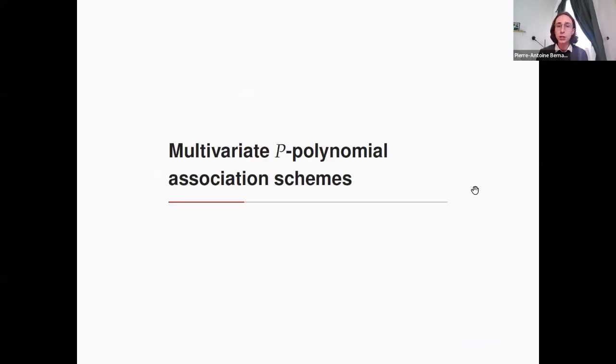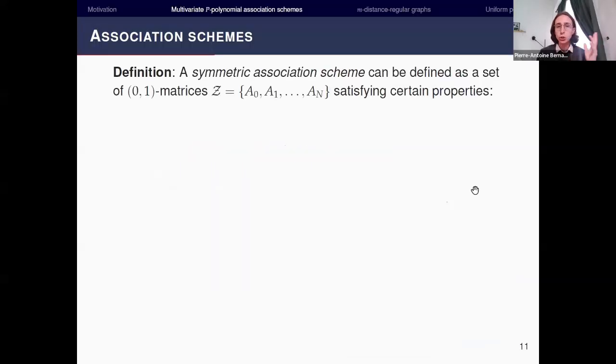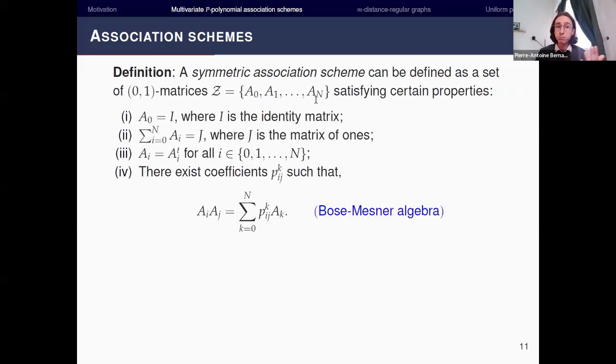So let's go to the definition of multivariate P polynomial schemes, and we start with just looking at the definition of an association scheme and a P polynomial scheme. You are probably already familiar with this, but an association scheme, you can see it as a set of matrices, A0, A1, up to AN, with certain properties. A0 is the identity matrix.